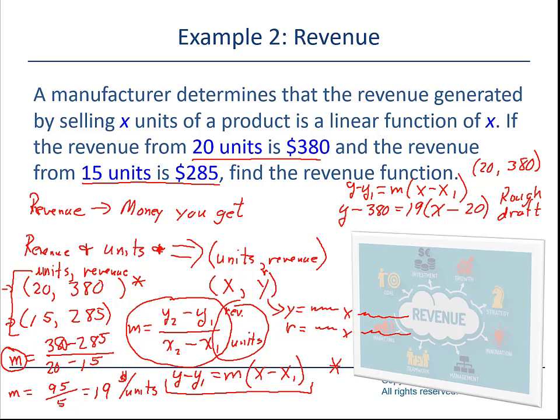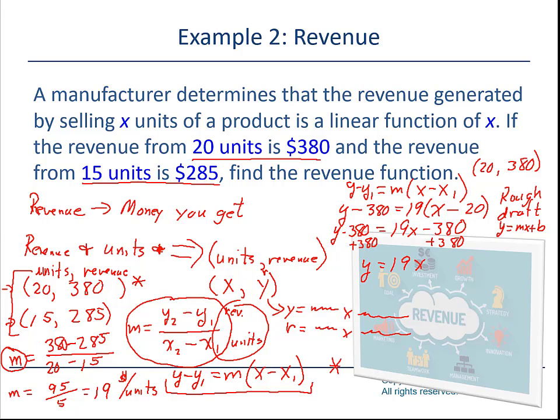That's not the way you express it. We want it to look something like this. So let's clean this up. Y minus 380 equals 19x minus 380. I'll add 380 to both sides. And that gives us y equals 19x.